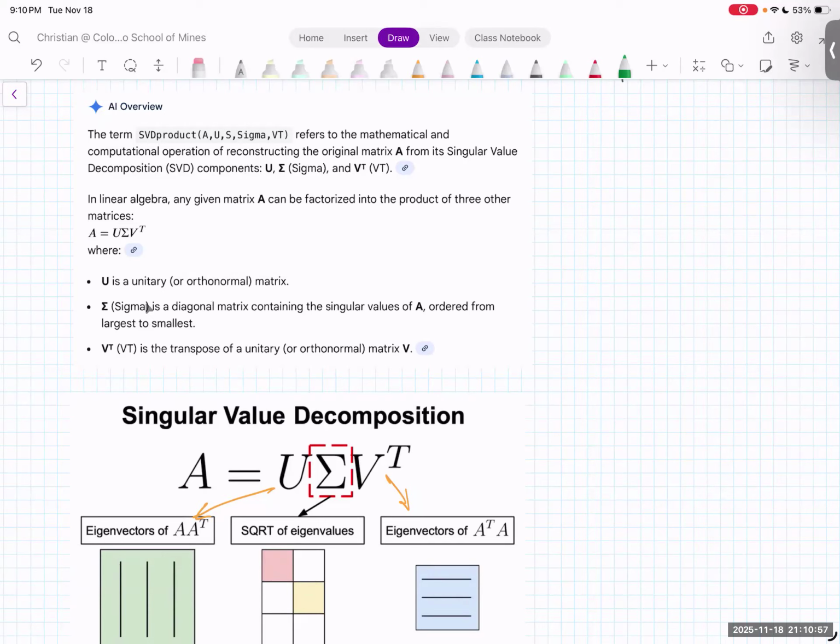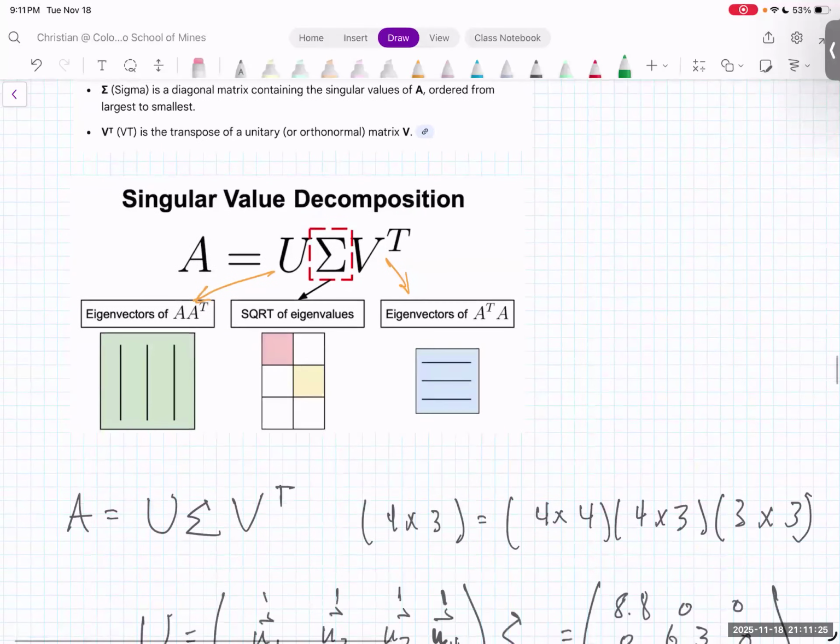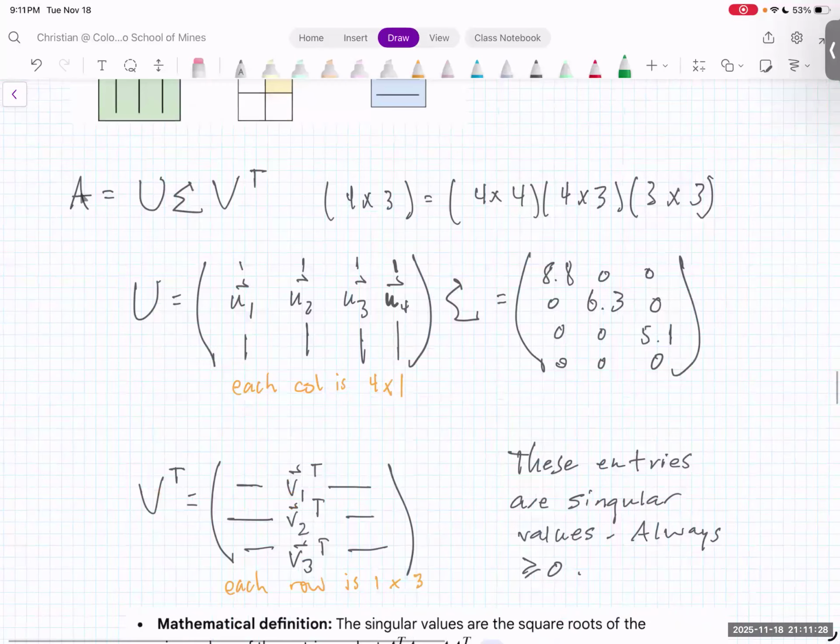The sigma is just like matrix D from above, where we have as diagonal a matrix as we can get, and the entries on the main diagonal are what we call singular values of matrix A, which are like eigenvalues for matrix A. And then V transpose is kind of like our inverse for matrix U. So, for example, if A was a 4x3, then U would be a 4x4, sigma would be 4x3, and V transpose would be a 3x3.